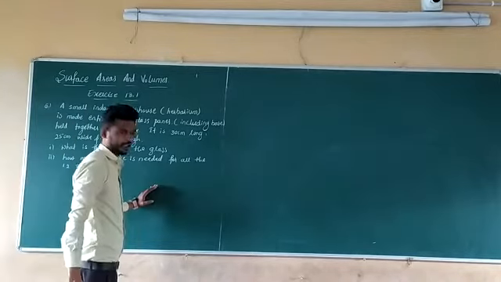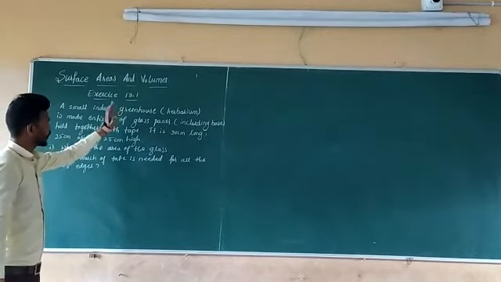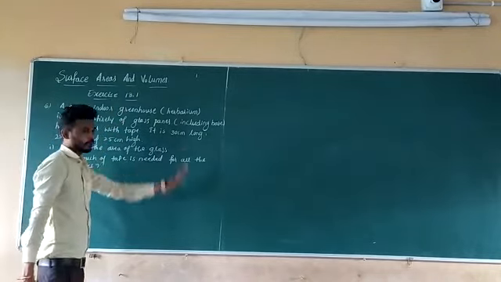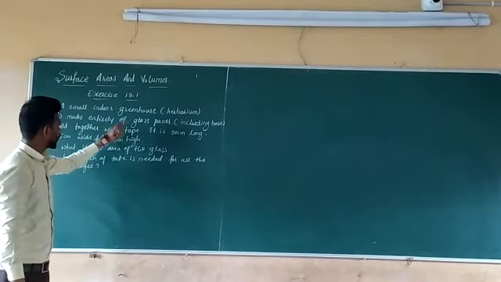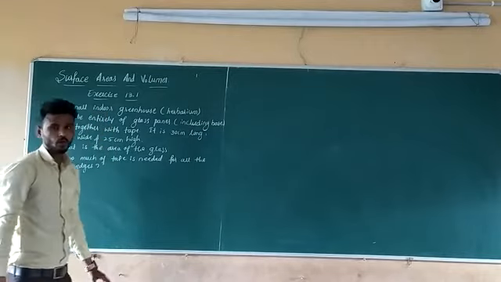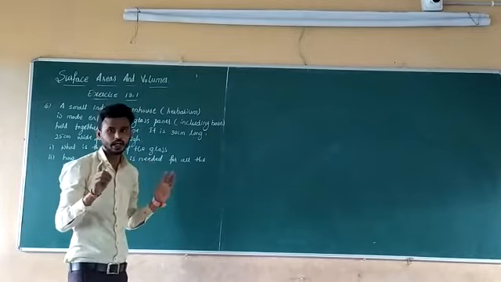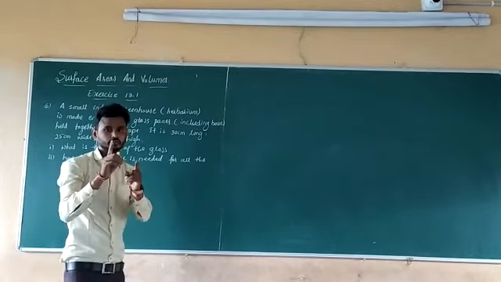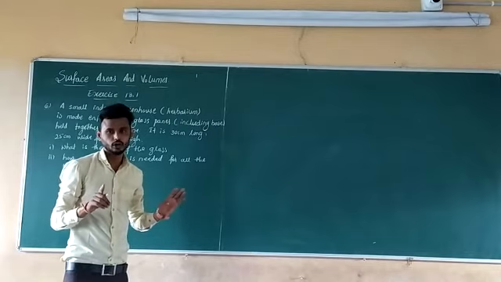Okay, students, let us see the next question, the sixth one. A small indoor greenhouse, herbarium meaning dried plants, is made entirely of glass panes. So this indoor greenhouse is made up of glass panes only, and it is of the form of a cuboid, because we are dealing with cube or cuboid only.